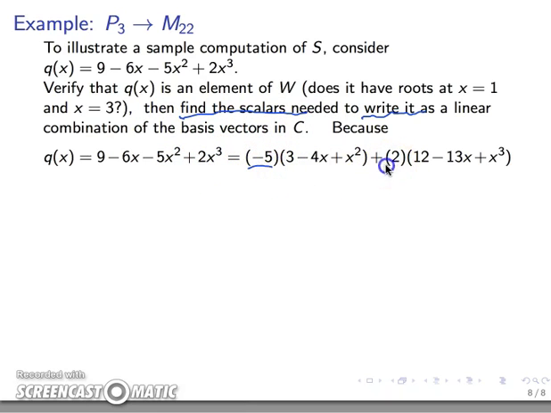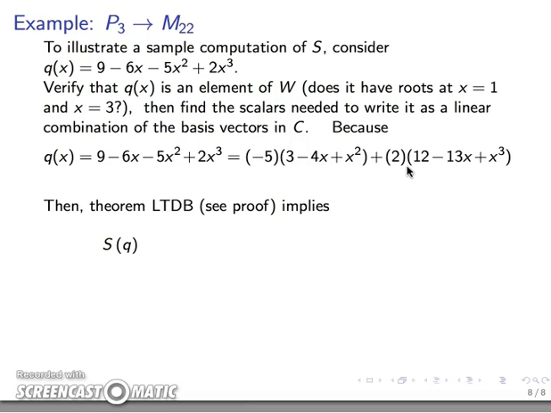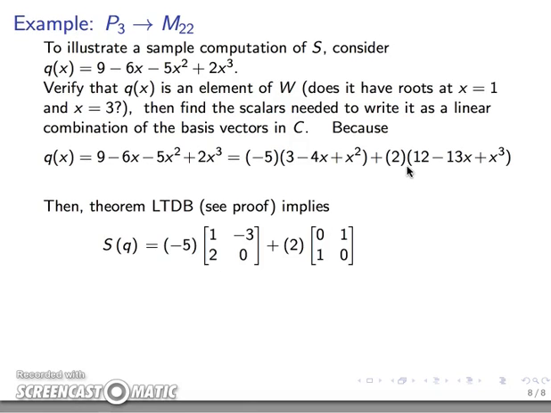That on its own is something I'm skipping, but you can set up this problem and find such scalars, and you find that Q can be expressed as this linear combination, and the theorem implies that the image of Q is minus 5 times this matrix plus 2 times this matrix, and this is making use of the information we had.